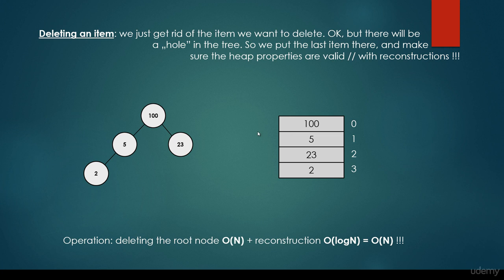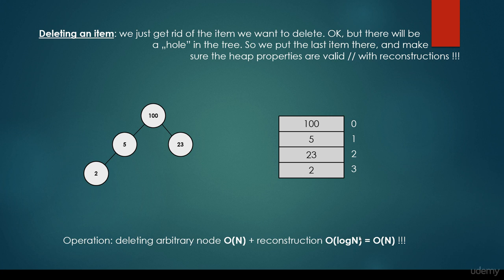So we have to consider every single item on a one-by-one basis. So basically, we are going to end up with a linear search. So that's why removing an arbitrary node is going to have order n running time, because first we have to find it. Okay, it's going to take linear time complexity, and we have to reconstruct the heap data structure.